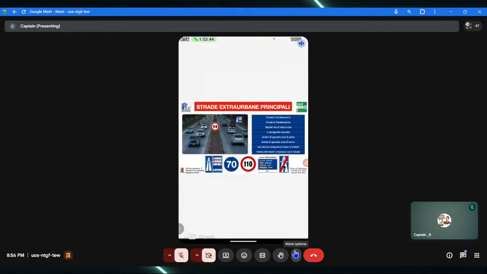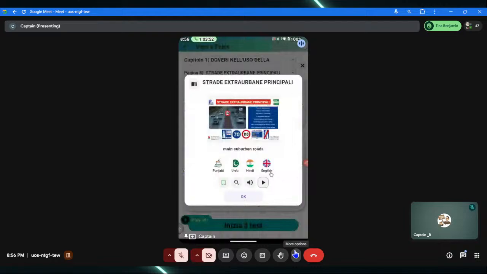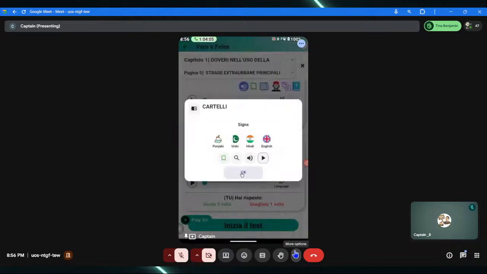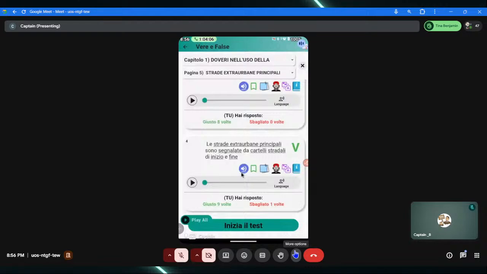This is the fine. All right? And it is true. So it has inizio and fine. La strada extraurbana principale sono segnalate, they are signed. The cartelli, which is of a sign, board, stradale, a board of a road, of beginning and end. It is true. È vero.